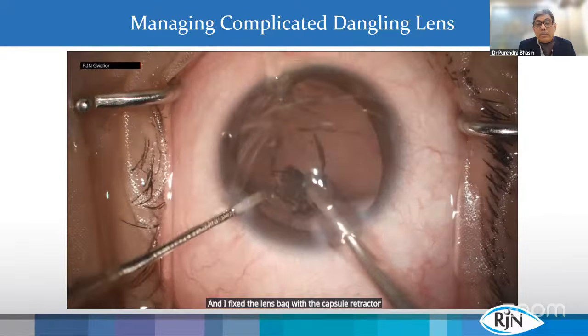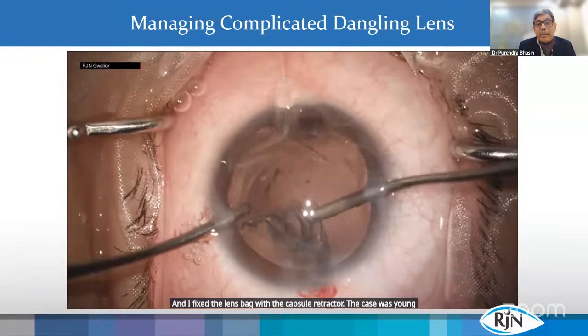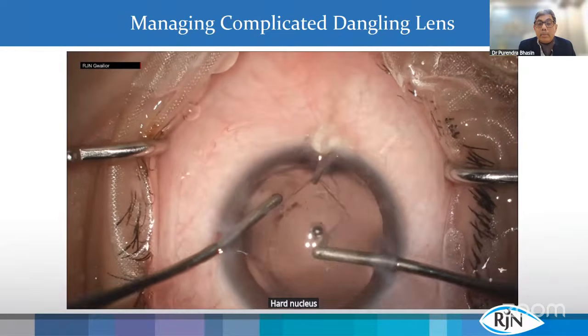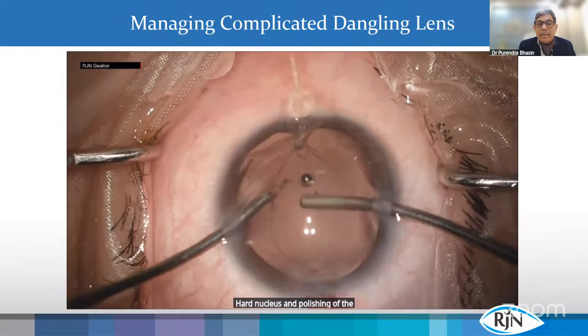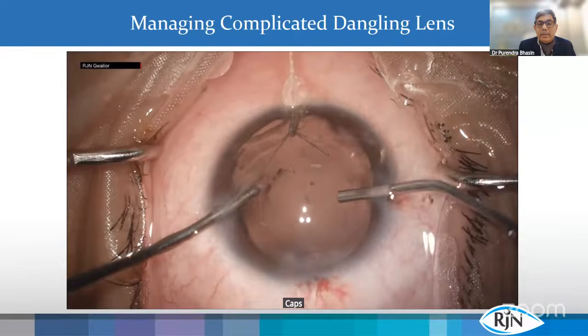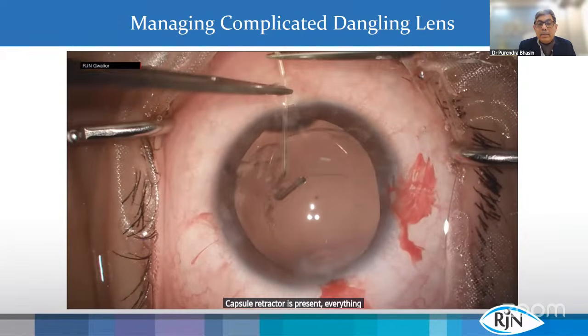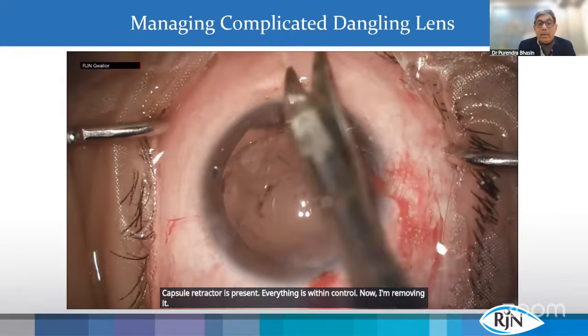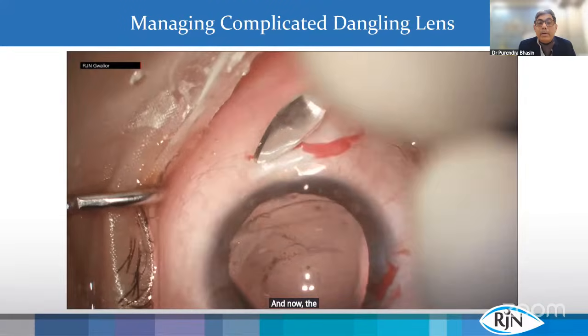The case was young, so we don't expect too much of a hard nucleus. And polishing of the PC. When the capsule retractor is present, everything is within control. Now I'm removing it, and I don't make a half-thickness pocket.